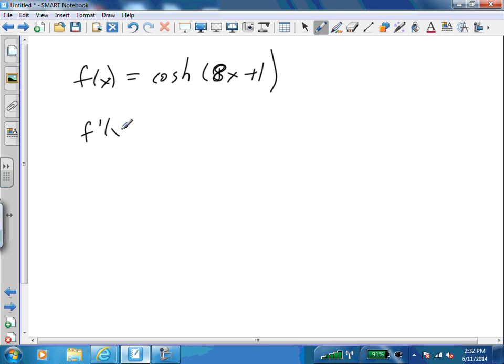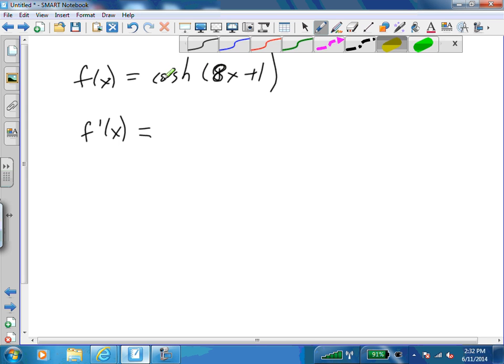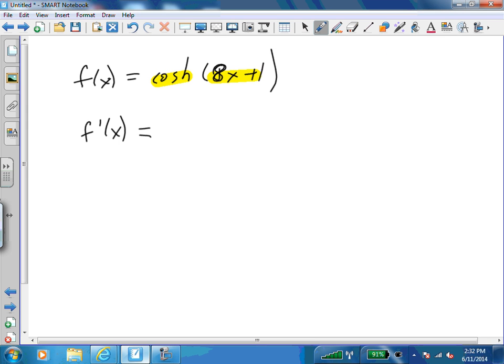Then the derivative of that, basically it's a chain rule. We have an outside and an inside function, so the derivative of hyperbolic cosine is hyperbolic sine times the derivative of what's inside. And what's the derivative of the inside? 8.